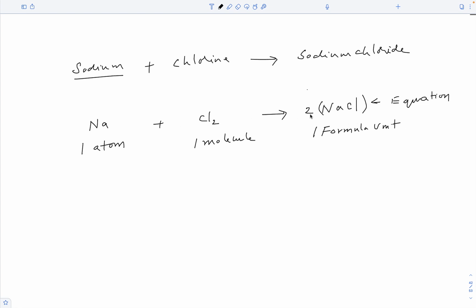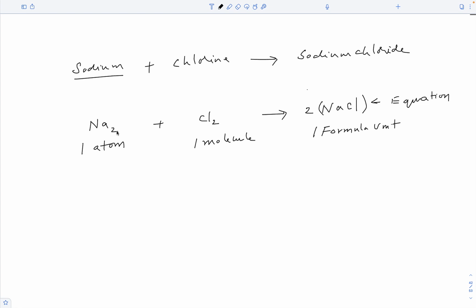We can put a 2 before this formula. Now we have two chlorine atoms, but we also have two sodium atoms. But on the left hand side there is only one sodium atom. So now sodium atom counts are not matching. To match them, can I change the subscript to Na2?